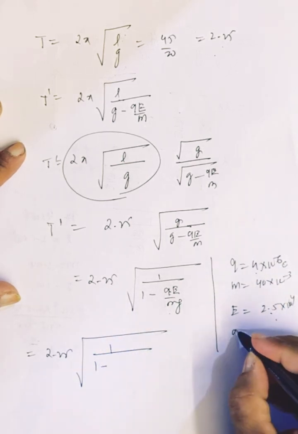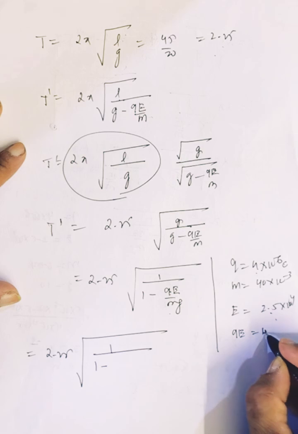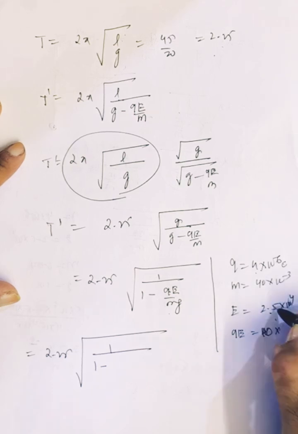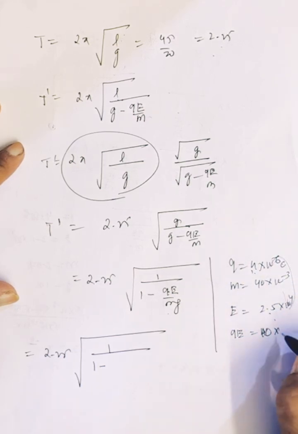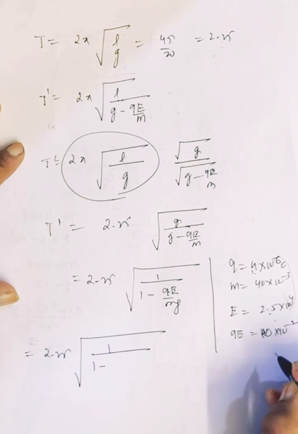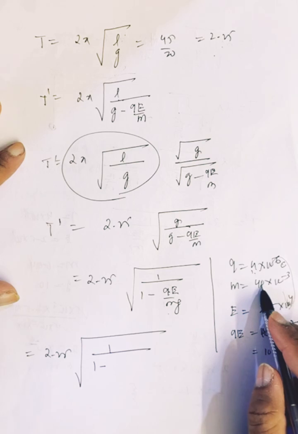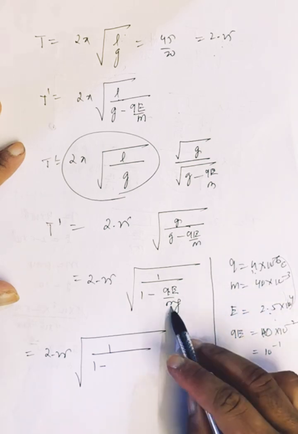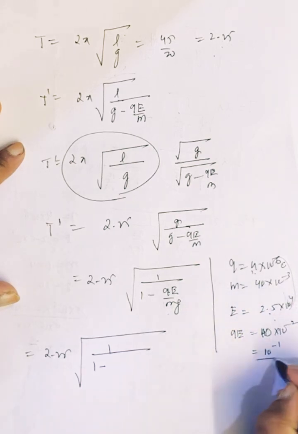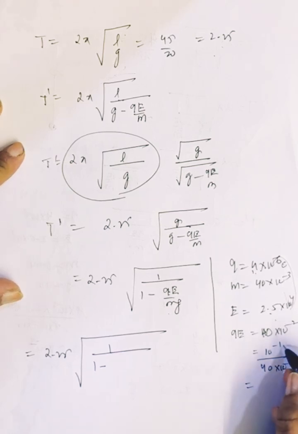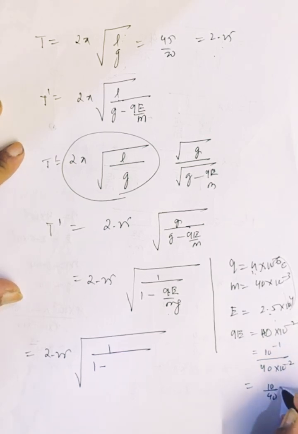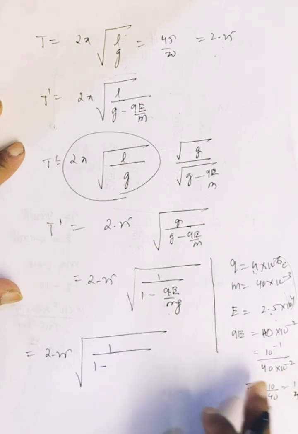So QE we got is 10 power minus 1. What is mass? That is 4 into 10 power minus 3, and if I multiply by g, it becomes 40 into 10 power minus 2. So I divide by 40 into 10 power minus 2. So when the 2 goes up, it becomes 10 by 40 and it becomes 1 by 4. So that is what I am getting as the total ratio.